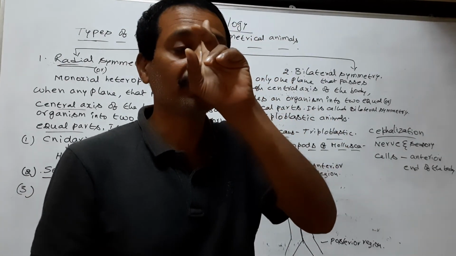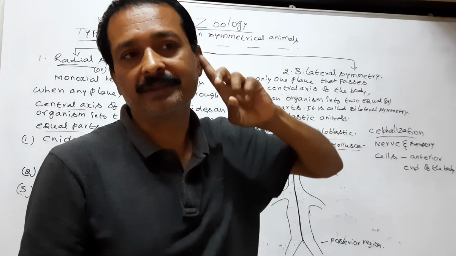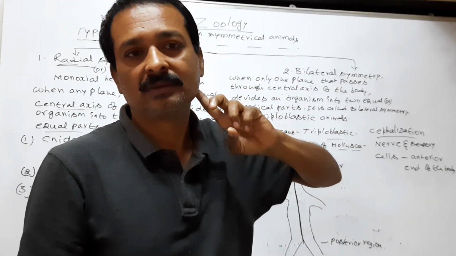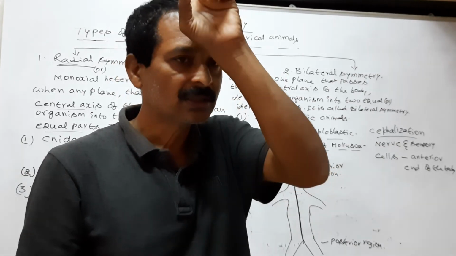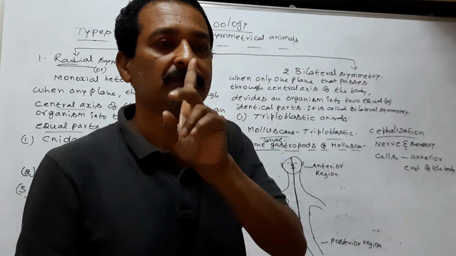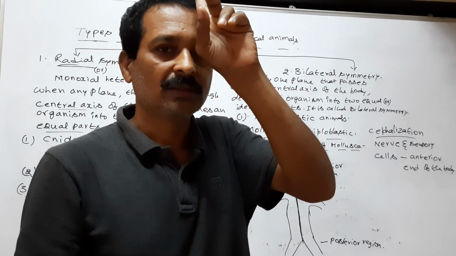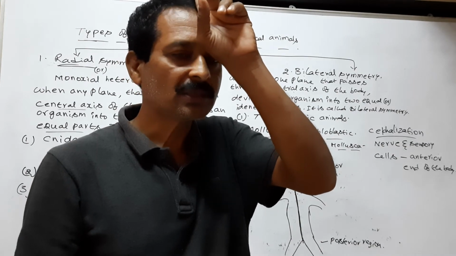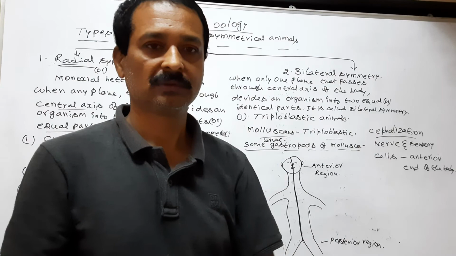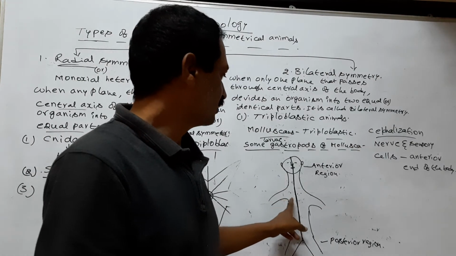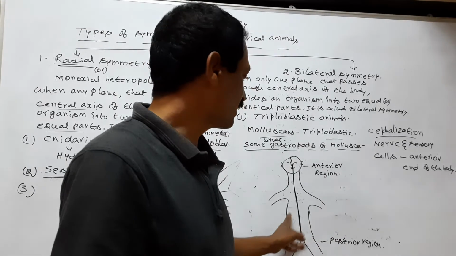We cannot cut into two equal parts in this plane. We can cut the human body into two equal parts in this plane, so two equal, identical parts are formed.